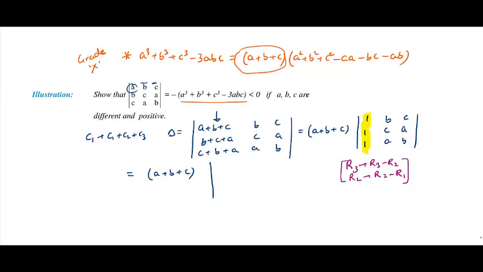Now I get, from the third row we are subtracting the second row, so you get 0, a minus c, b minus a. From the second row subtract the first row, you get 0, c minus b, a minus c, and then you have 1 b c. Right? Now we cannot take anything common from the second row or the third row, so we simply expand it along the first column.